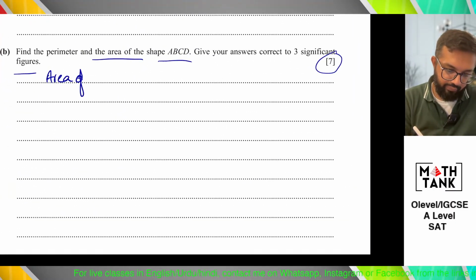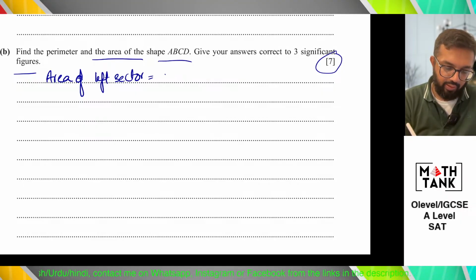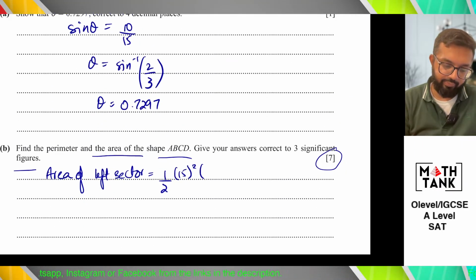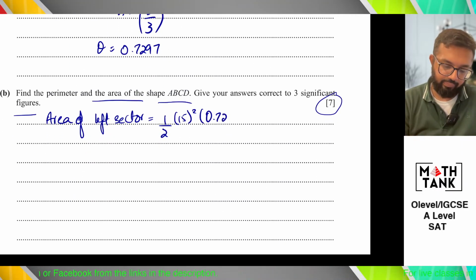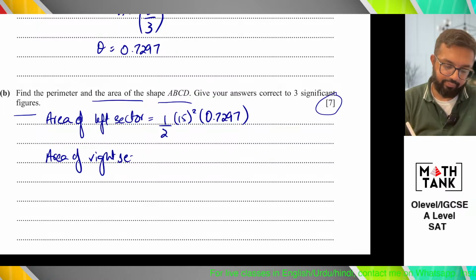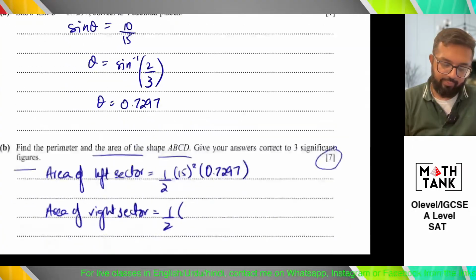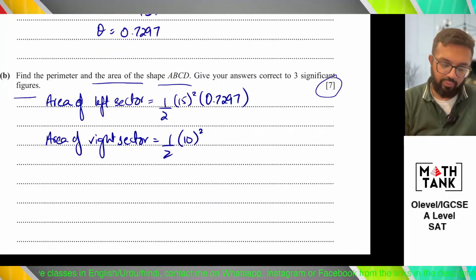The area of the left sector is half r squared theta, so half of 15 squared, 0.7297. The area of the right sector is half, it's 10 squared, pi over 2.